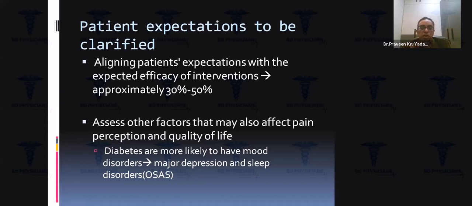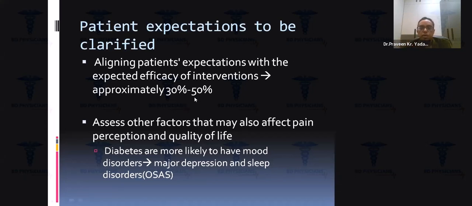Now you should also counsel the patient regarding the expectations they should have when we are treating the neuropathic pain. For example, in migraine, we all know it's a chronic pain disorder. When we treat migraine with prophylactic medications, we are not going to control the migraine in 100% of the patients. So we set the goal at around 50 to 60%, that 50 to 60% of your headache we will control with the medication.